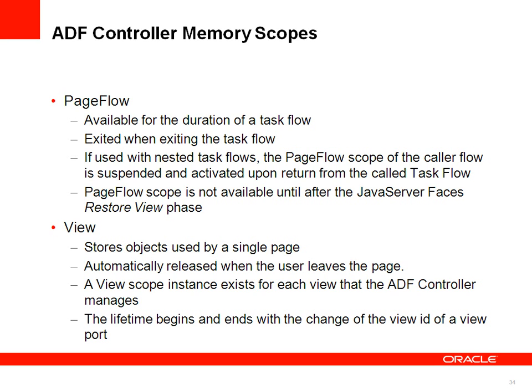Once you exit a bounded task flow, then the parent task flow is reinitialized, so not really restarted, but actually it's picked up again, so it's taken from the stack, and then the parent task flow's page flow scope becomes available again with all the objects in it. A parent page flow scope cannot peek into the called bounded task flow page flow scope, and vice versa. So page flow scopes are isolated memory scopes that are available for the duration of the task flow.